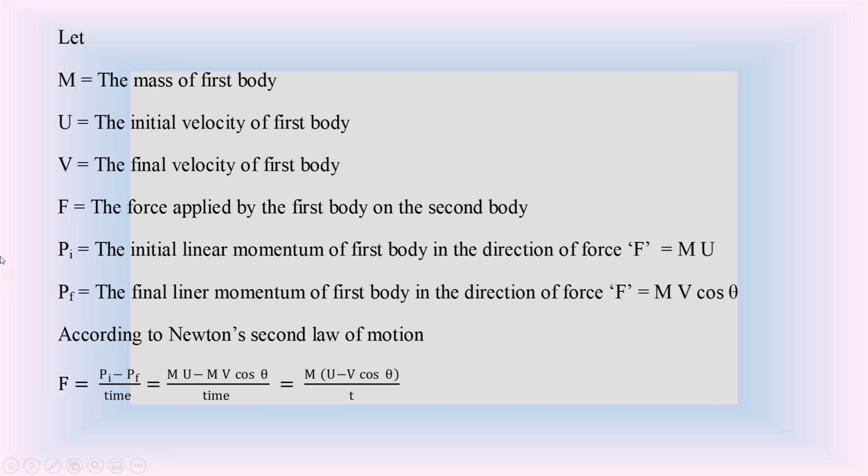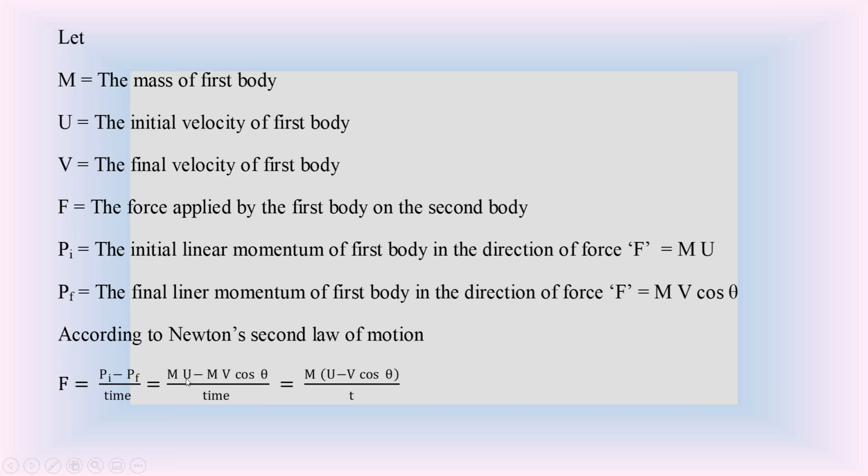So the final linear momentum of the first body in the direction of force F is m into V cos theta. Then apply Newton's second law. According to Newton's second law, the force F is equal to the change in linear momentum divided by time. So F is equal to Pf minus Pi by time.